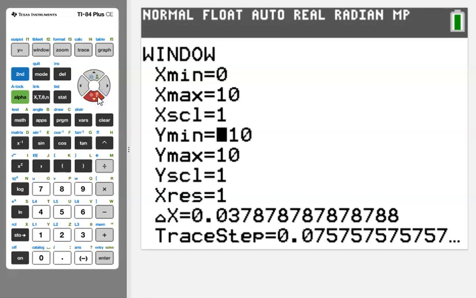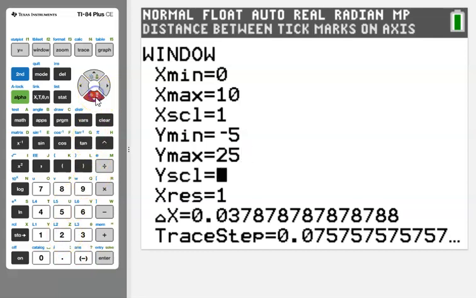You could actually stop at 8, but that's going to put it right on that second point, that second x-intercept. But 0 to 10 works. The y minimum, I chose -5. And for the y maximum, we need to go above that highest y. So we chose 25. And a good scale would be 5, because you're counting from -5 to 25.